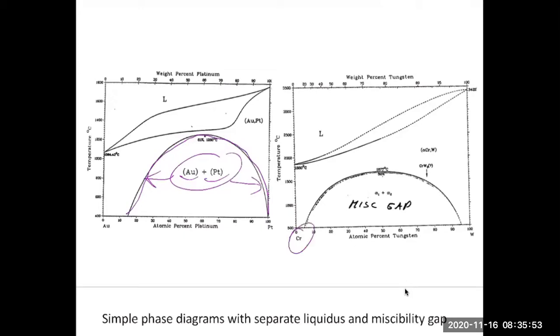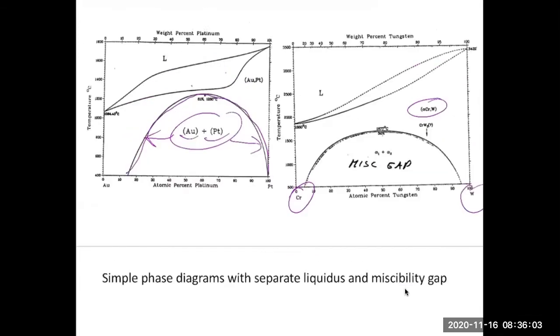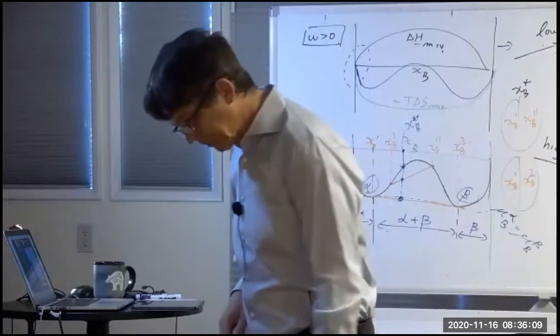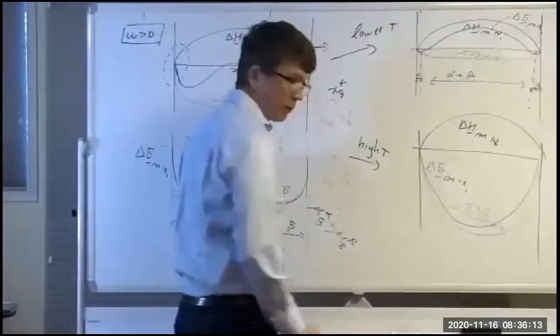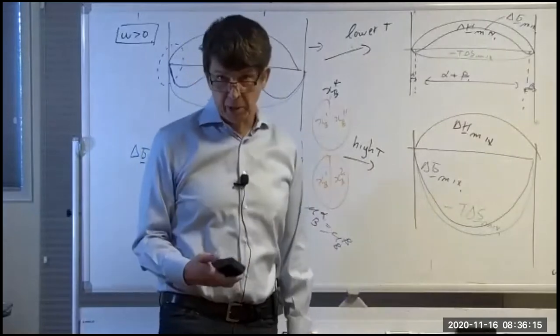Here's chromium tungsten, that's a BCC miscibility gap, because here is a BCC solid solution, and at lower temperature you have a miscibility gap, okay? So that's the case of omega positive.